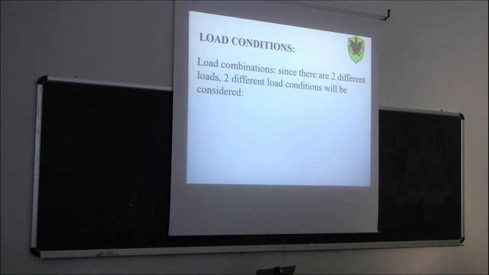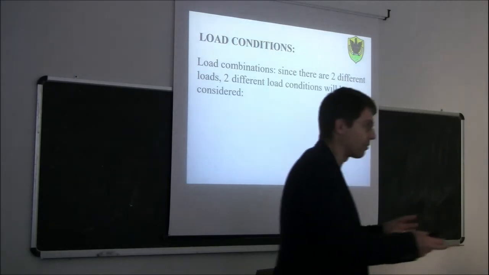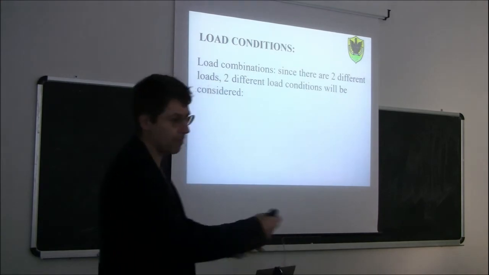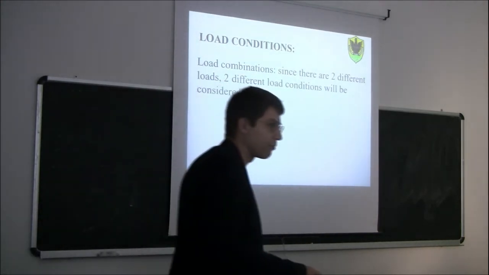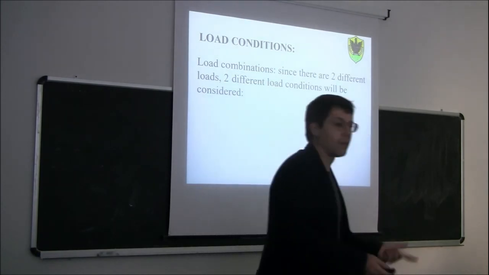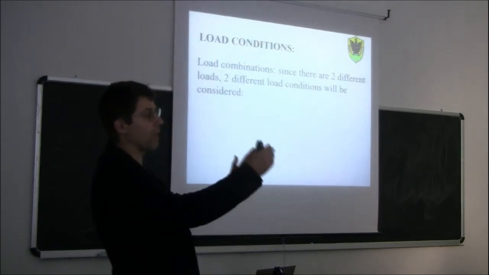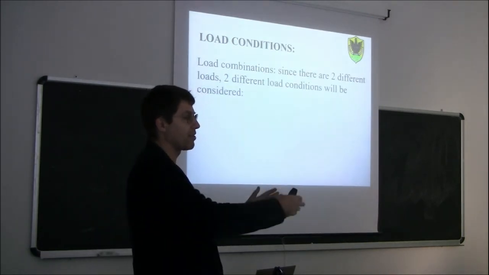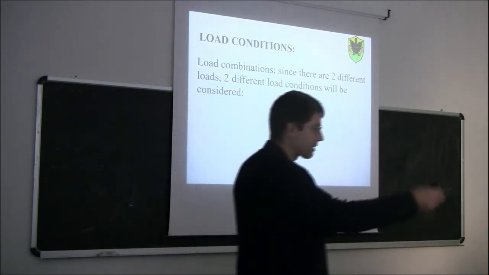Well, strictly speaking, I told you a small trick to find out which one is the most critical, without having to solve all the beams and do all the verification. You remember the trick? First of all, we need to calculate both values. One value will be gamma G Gk plus gamma Q Qk.